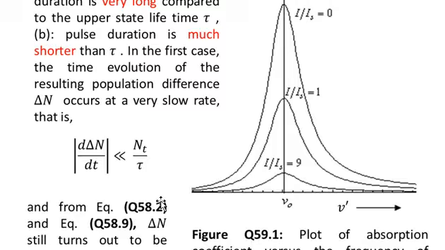In that case we can write that the rate of change of delta n with time is much smaller than Nt over tau, and we can literally set d delta n over dt equal to 0.